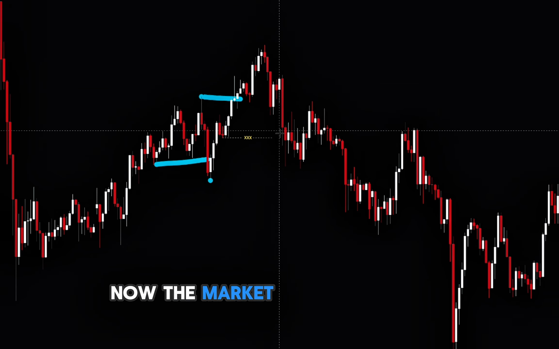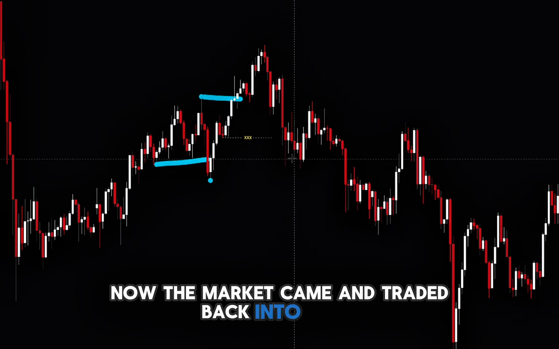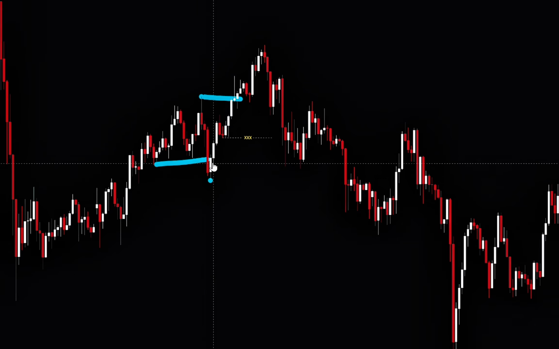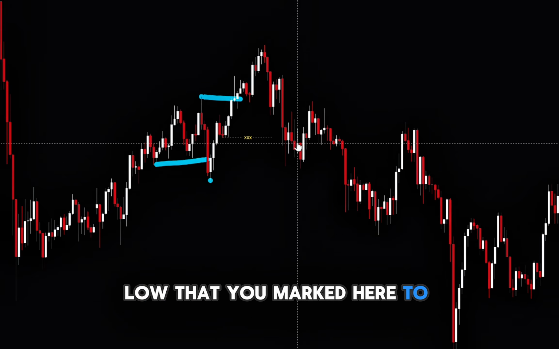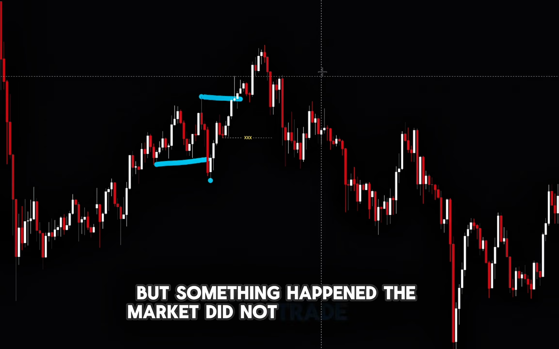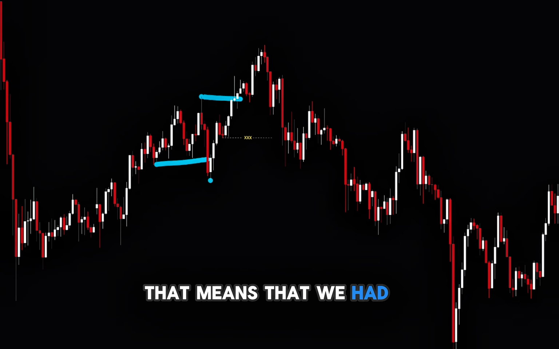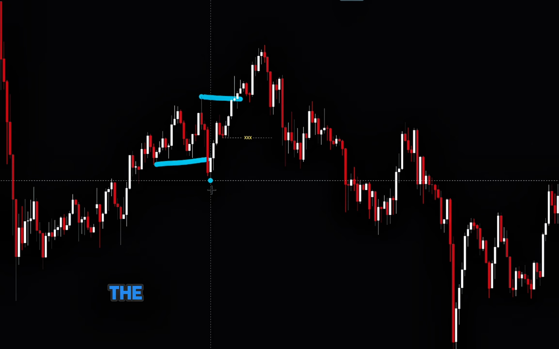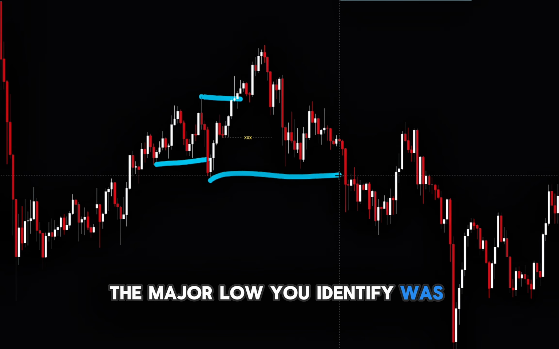Now, the market came and traded back into it and used the major low that you marked here to trade all the way up. But something happened. The market did not trade through. That means that we had a reversal.